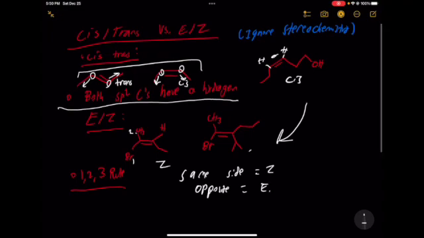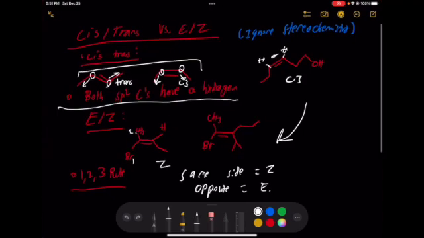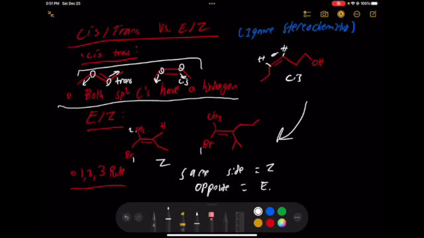And then for this one, we want to follow the same approach. We see that this one happens to have 0 hydrogens bonded to the sp2 carbons, so we know this one is going to need the EZ naming. This carbon here has the same substituents as the example over here to the left, so again, this is going to be the highest priority. And then down here, on this right carbon, this is when we need the 1, 2, 3 rule. That is where you look at what the first carbon of the substituent is bonded to.